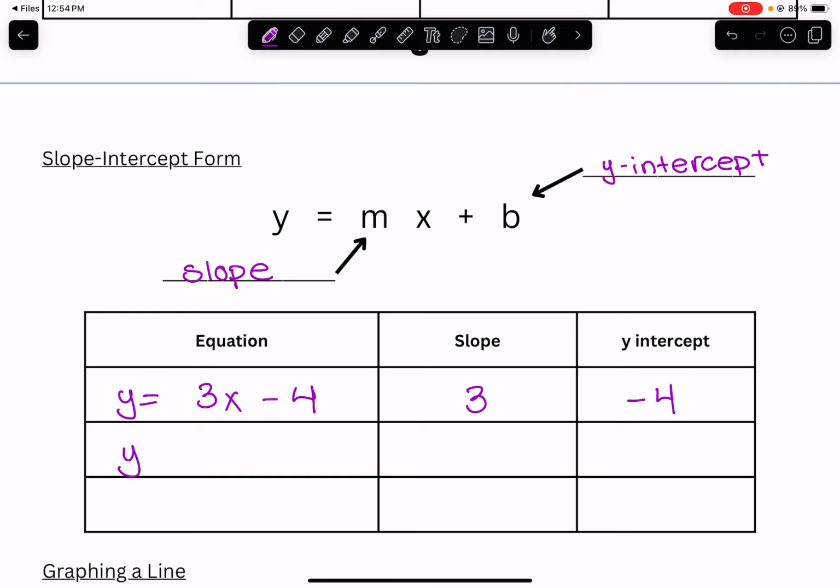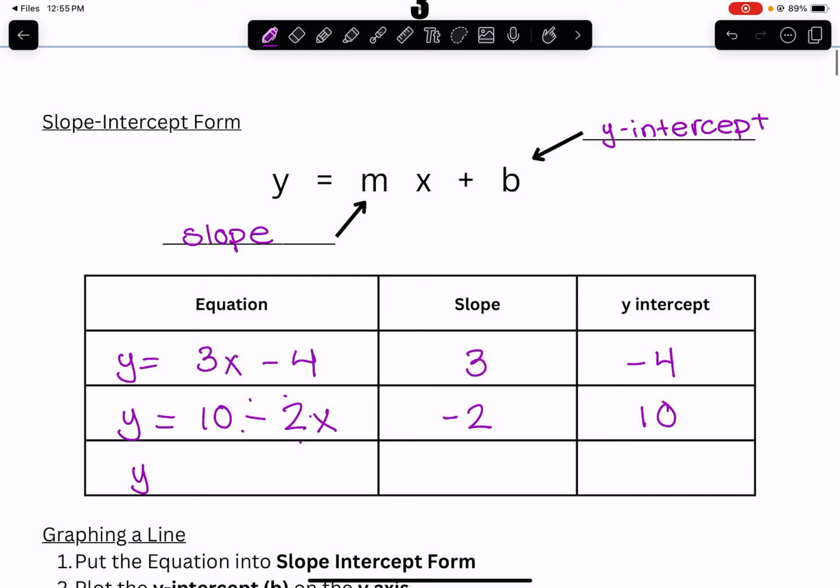If I give you y is equal to 10 minus 2x, even if the order is changed, you say the number next to the x, which in this case is negative 2 because it's the entire thing, and the y-intercept is 10. And then finally, you can also have a fraction as your slope as well.